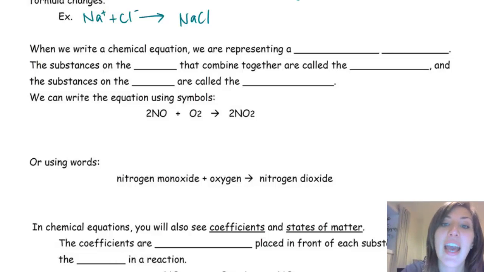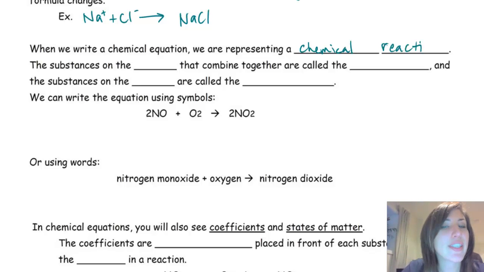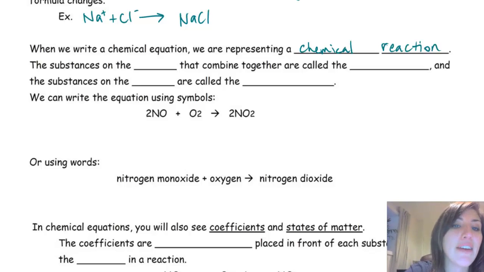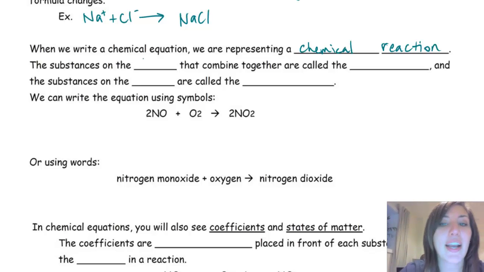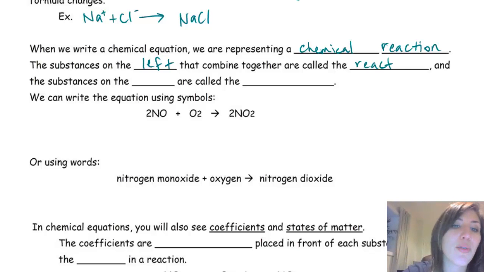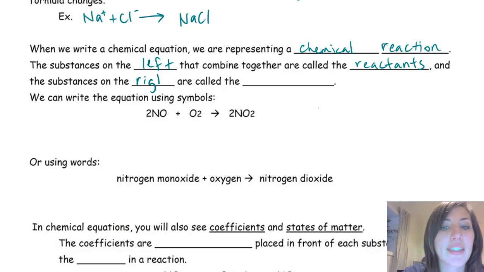When we write a chemical equation, we are representing a chemical reaction. So the substances on the left of the equation that come together, these are called reactants. And the substances on the right that are formed are called the products.